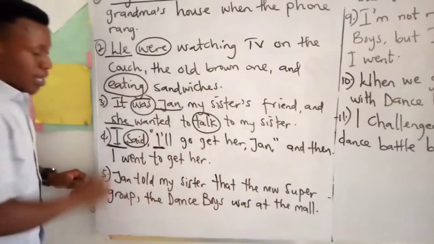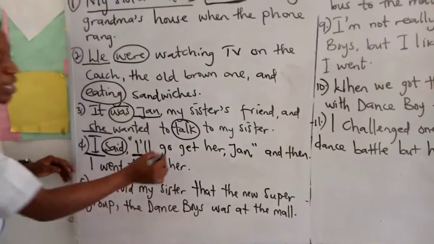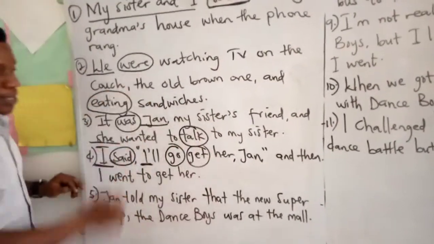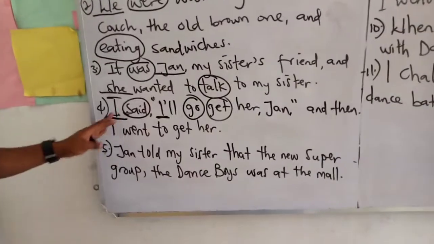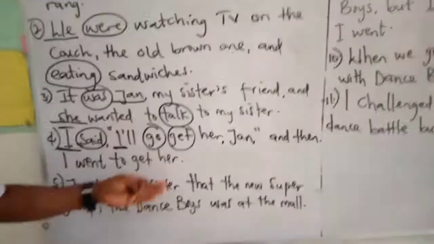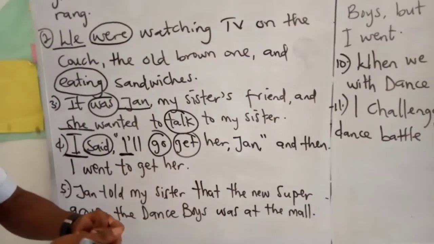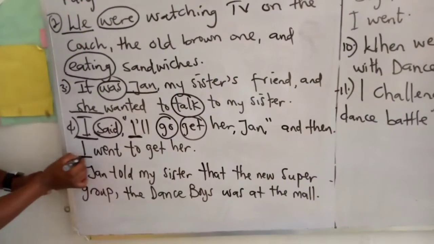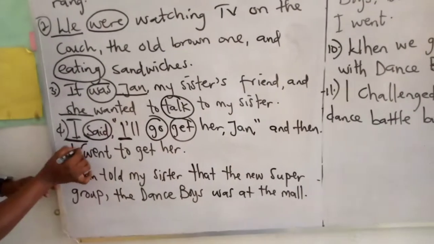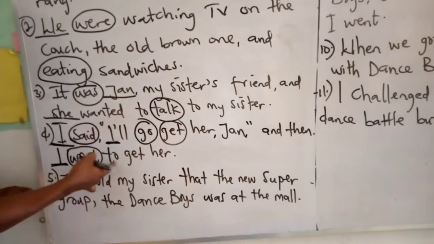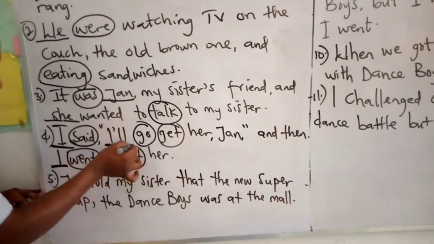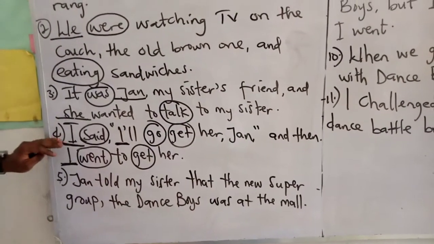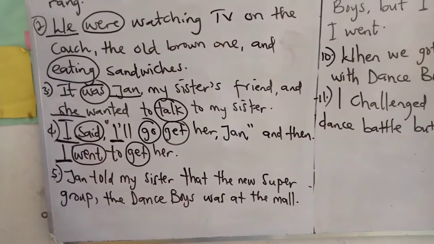I said, I'll go. Remember, go is an action. Get, an action. And then, I, still your subject. Went. Remember? Predicate. To get her. Predicate, action. All the actions, you pick them out, and also all your subjects.